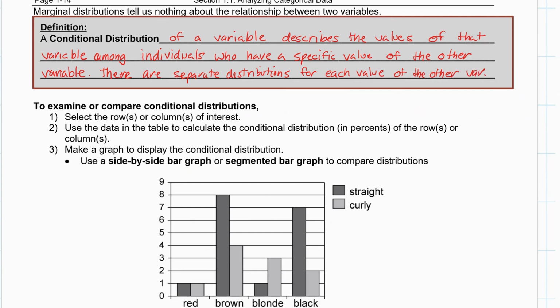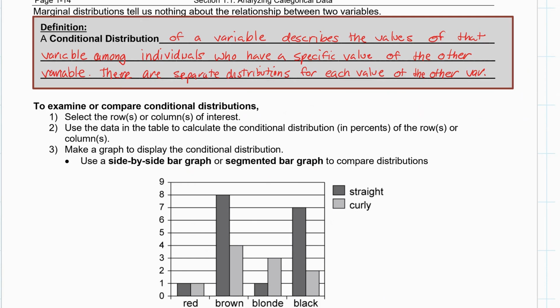Okay, that's a mouthful. Let's just digest that. In the previous example, we had opinion and gender. You could have a conditional distribution of opinion amongst those with the specific value female for the gender variable. You could have a conditional distribution of opinion amongst those that have the specific value male.